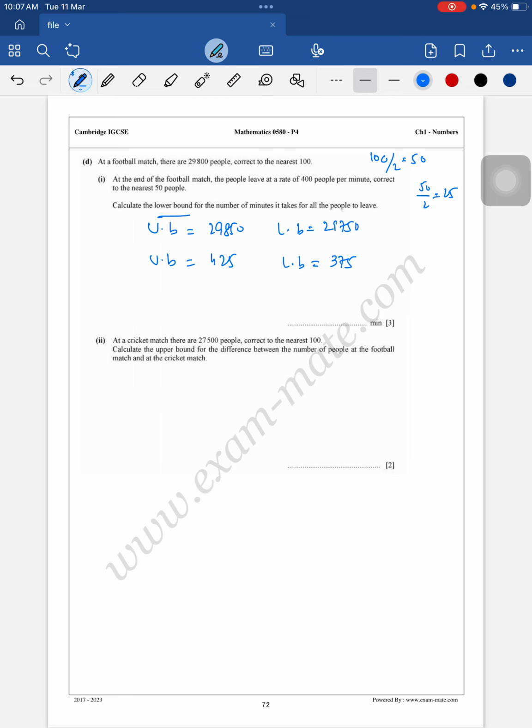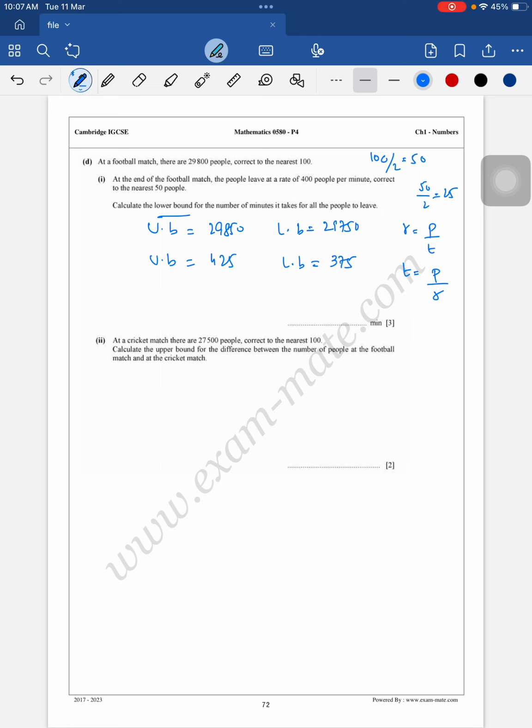Okay. Calculate the lower bound for the number of minutes it takes for all the people to leave. It means the time, basically. So rate is equal to people upon time, right? So time is equal to people upon rate. Is it clear? Okay.